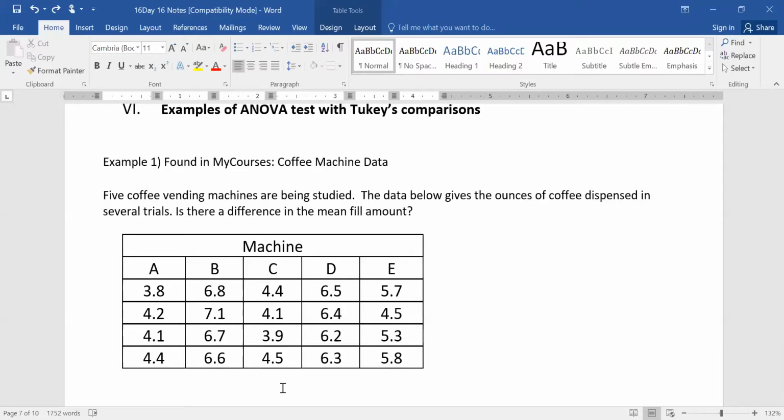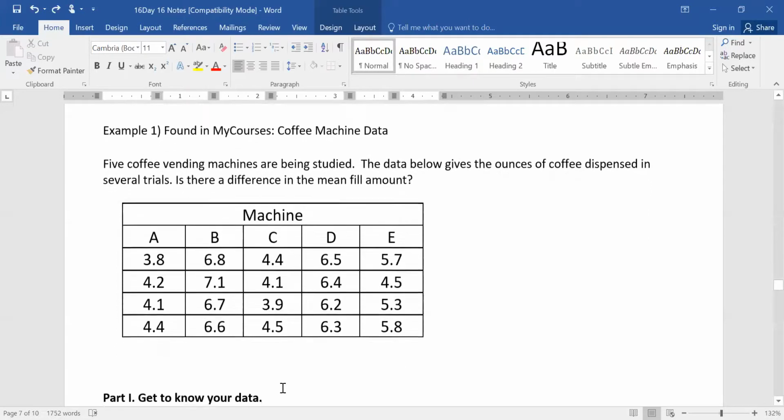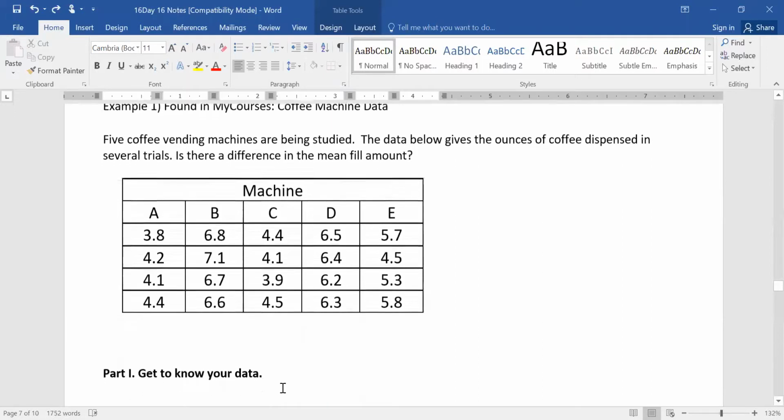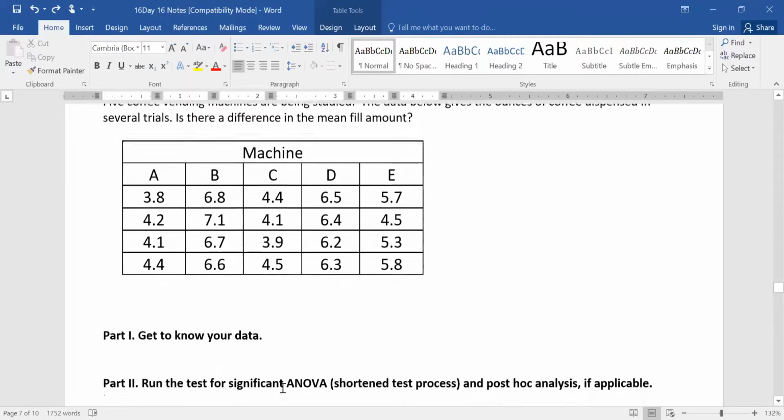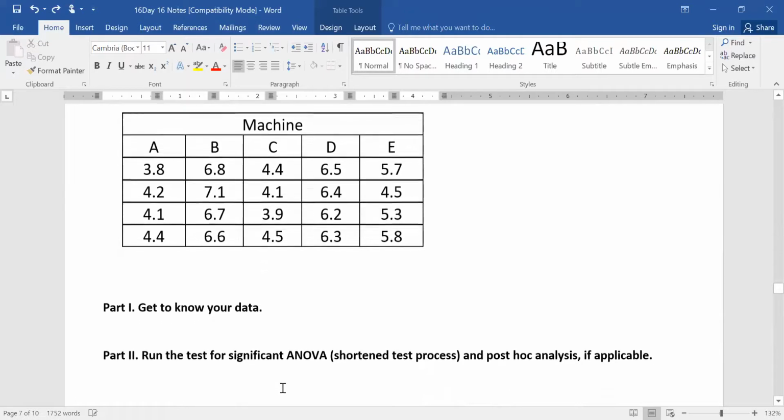But remember, Minitab can't handle the data in this way. This way is unstacked, which is pleasing to the eye for us, and it's easier for us to look at, but Minitab needs to see it stacked. So if you download the coffee machine data file, you'll see I've already stacked the data, but we know how to do that by now, where you can go into Data and then Stack your data.